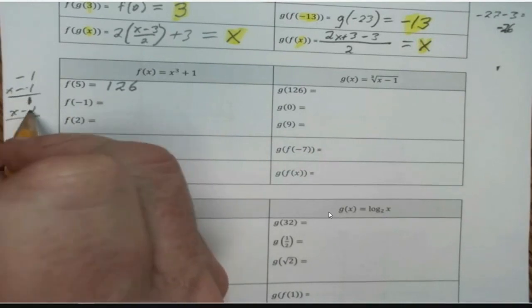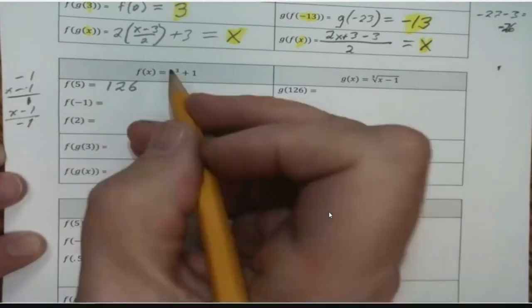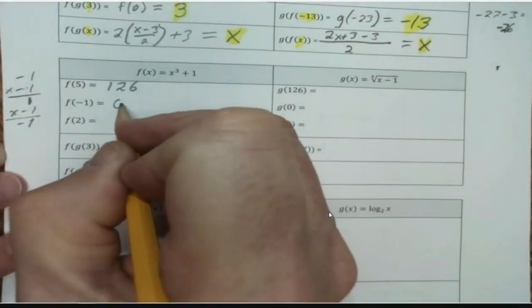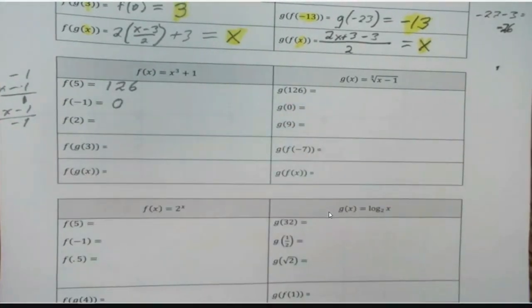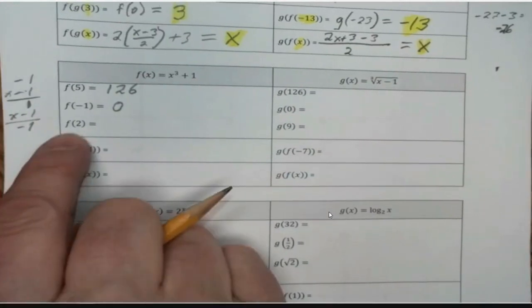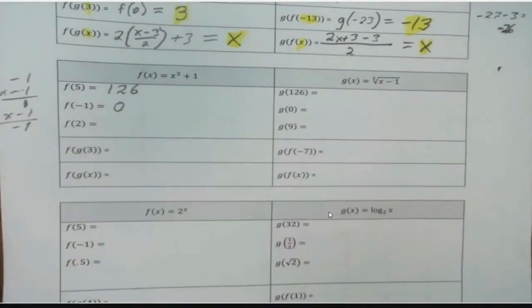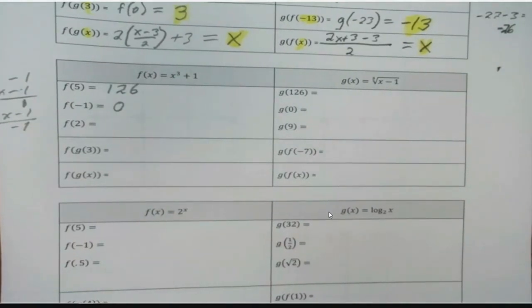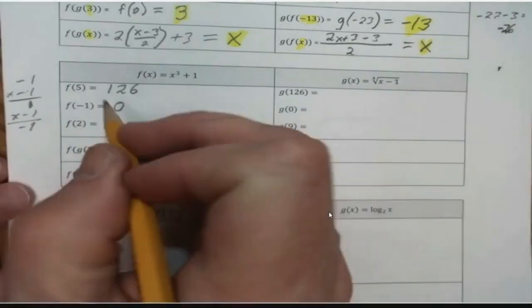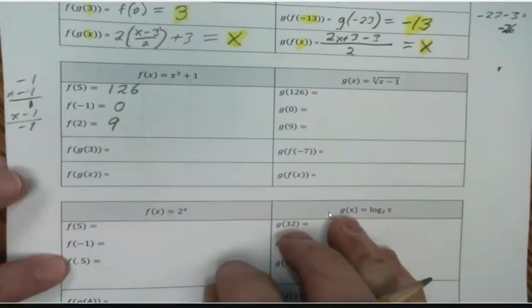Positive 1 times a negative 1 is a negative 1. Plus 1, 0. You guys already had all them zeros on the chat. F of 2: 2 times 2 times 2 plus 1. 2 cubed. All right, you guys are on top of it.